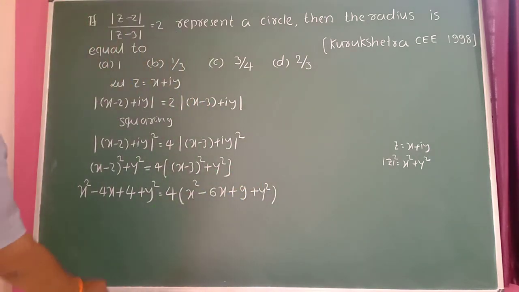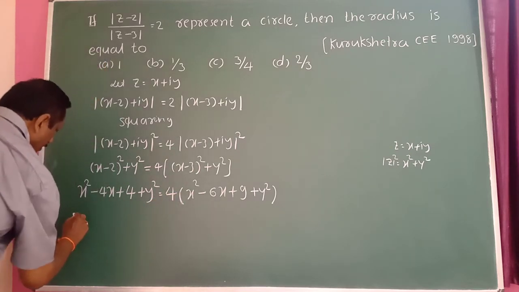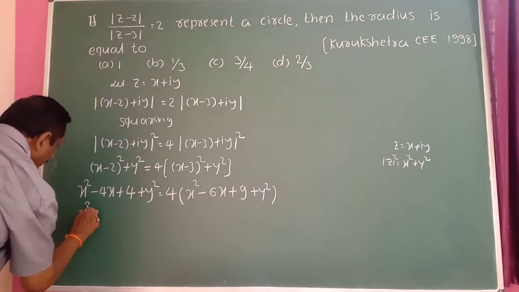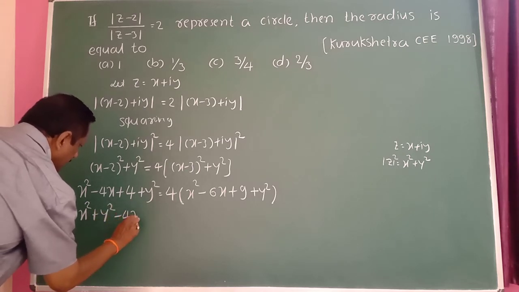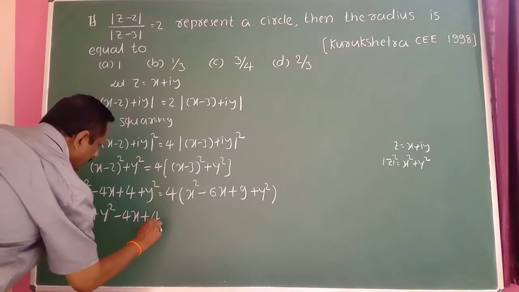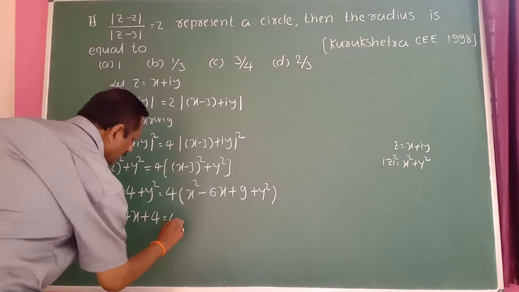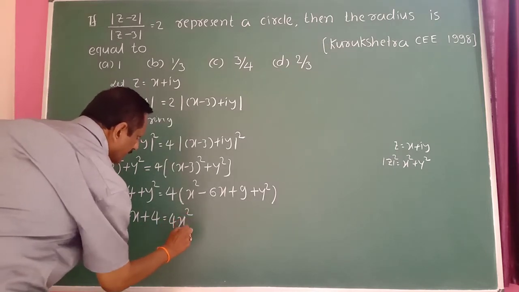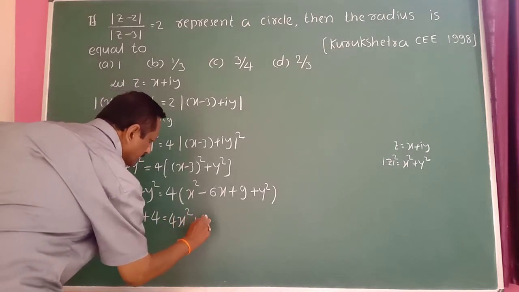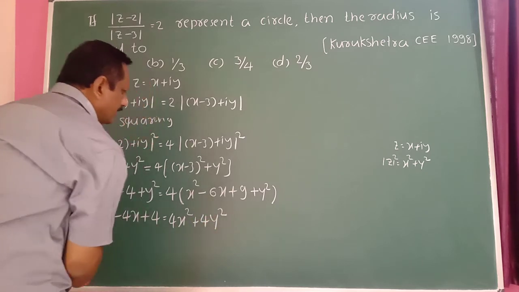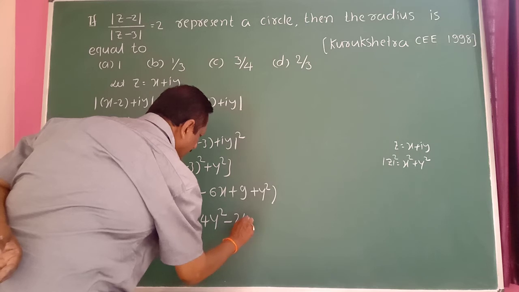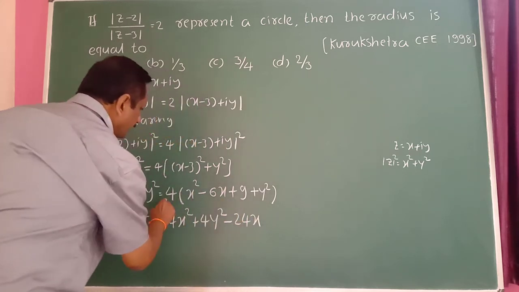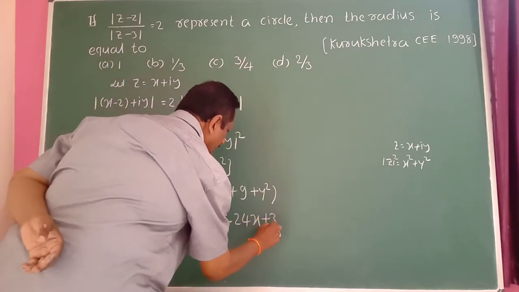Now take the 4 inside the bracket, so x square plus y square minus 4x plus 4 is equal to 4x square plus 4y square, then 6 fours are 24, minus 24x, 9 fours are 36, plus 36.